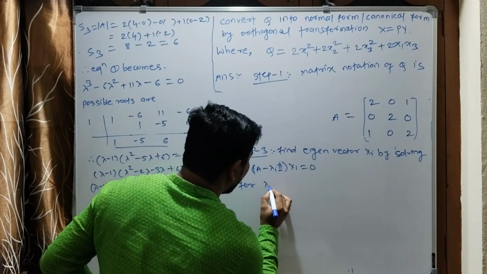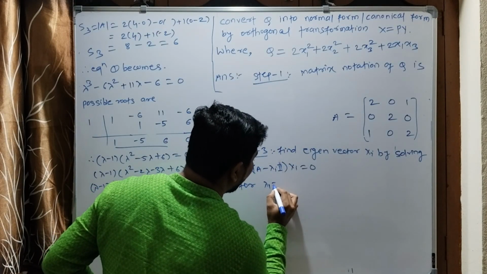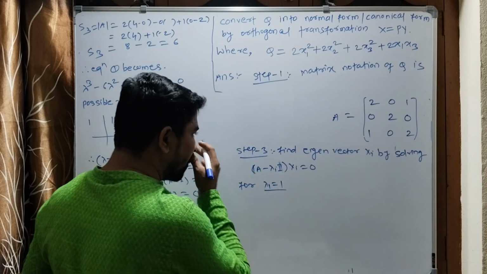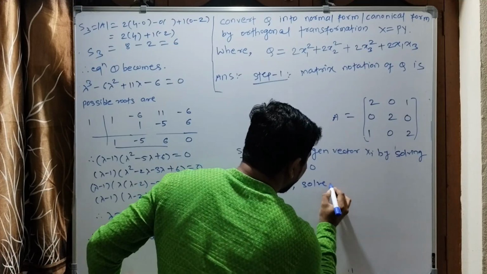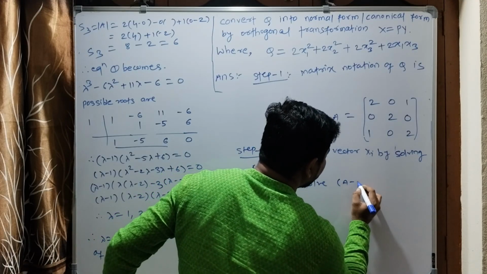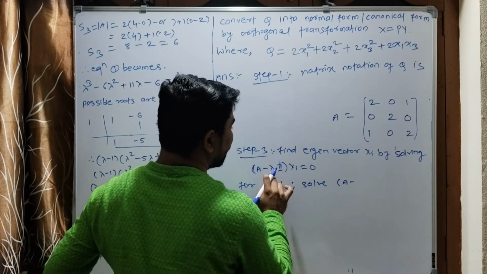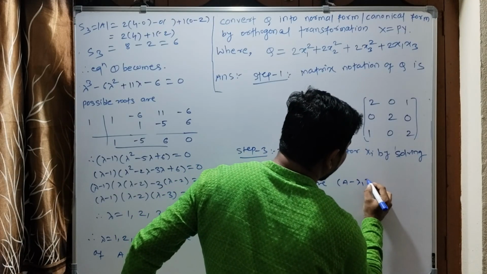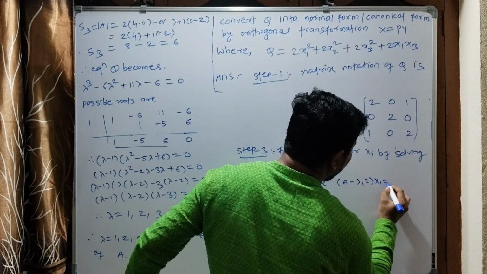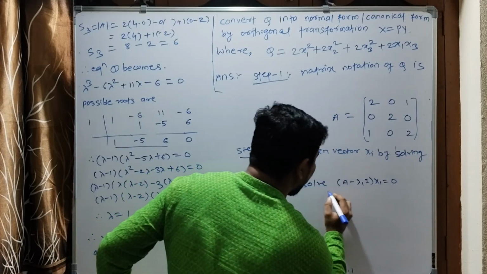Now for lambda 1, let's say lambda 1 equal to 1. So for lambda 1 equal to 1, I want to find x1. Again I will write A minus lambda 1 into I into x1 equal to 0. Now I will put the value here.